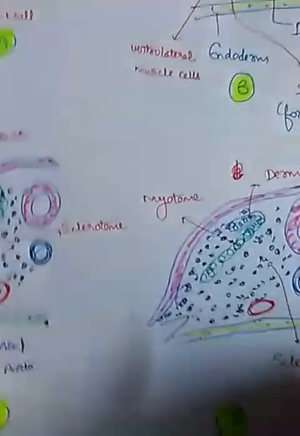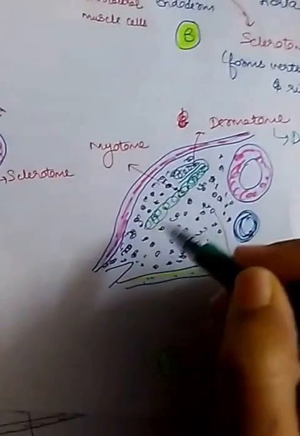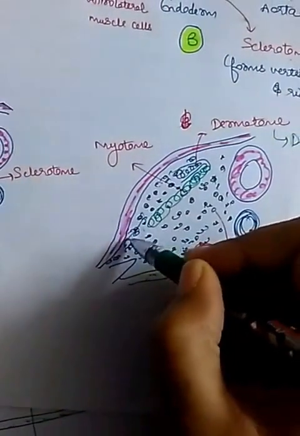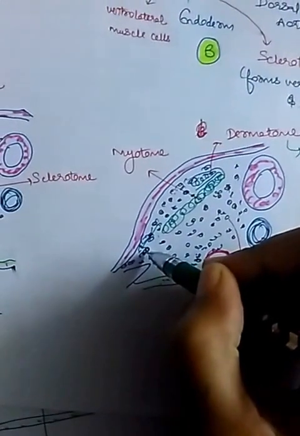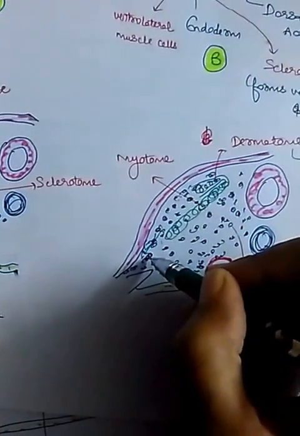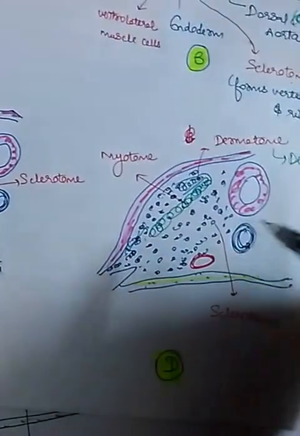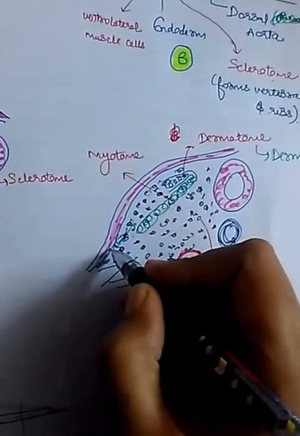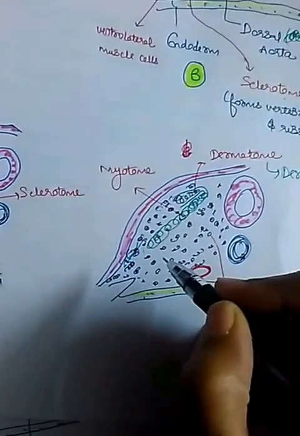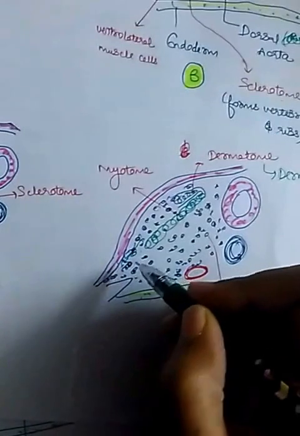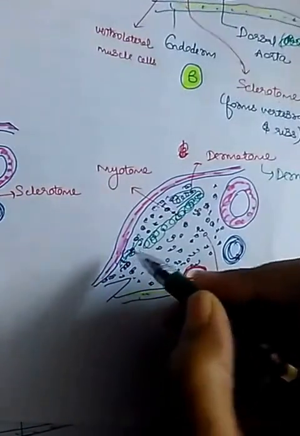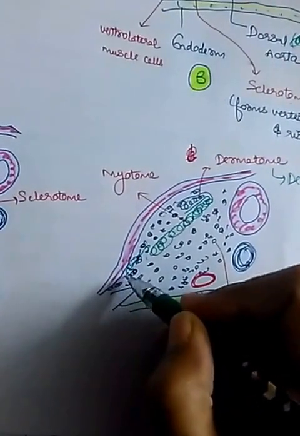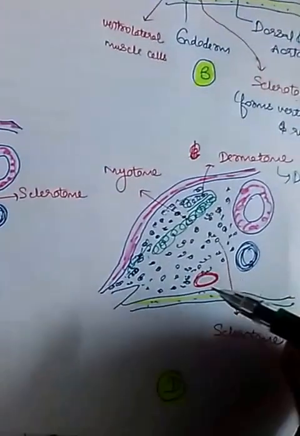Along with the parietal layer of lateral plate mesoderm, they give rise to most of the musculature of the body wall, especially the external oblique, internal oblique, and transversus abdominis, which are formed from the ventrolateral cells and the parietal layer of lateral plate mesoderm.